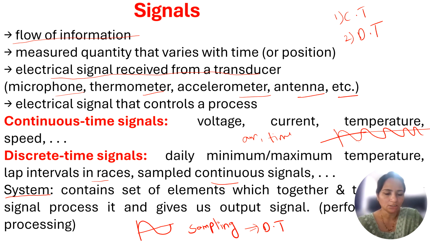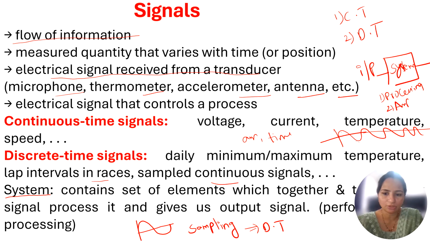A system is nothing but a set of elements together in order to perform a certain operation. A system has a definite input and a definite output. This system may perform signal processing, it may perform amplification, filtering, synthesizing, or analyzing.